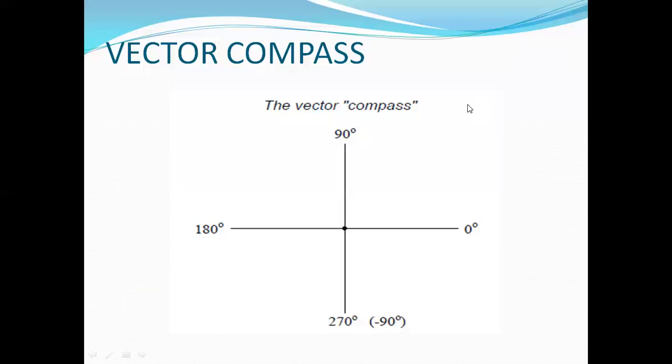So, here the vector compass is shown. Now, all of you know a vector has both magnitude and direction. Here are the first, second, third and fourth quadrants. This is the 0 degree line, this is 90 degree, 180 degree, and 270 degree.